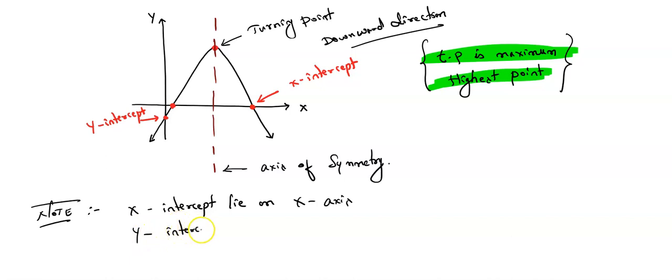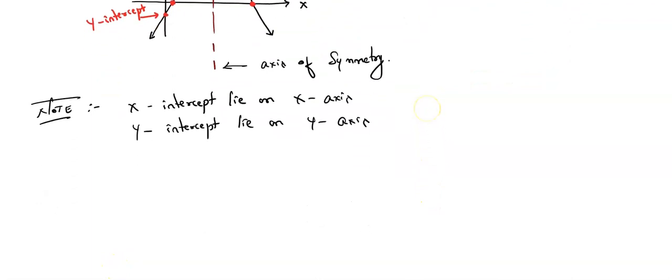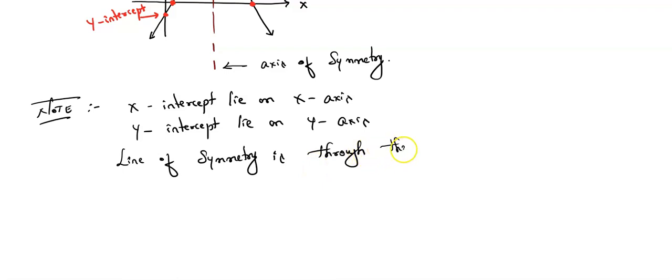Similarly, y-intercept lies on the y-axis. And the line of symmetry, that is the axis of symmetry, goes through the x coordinate of the turning point.